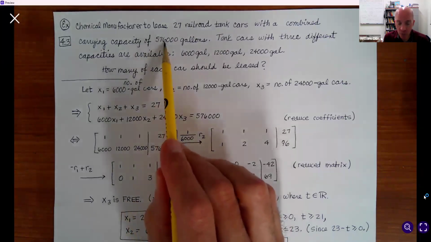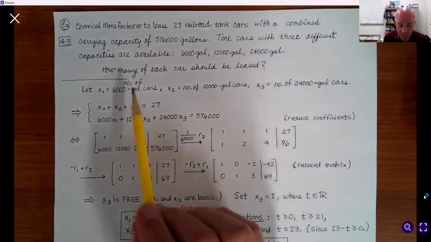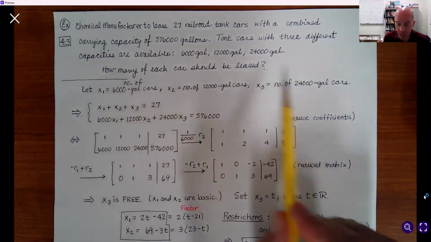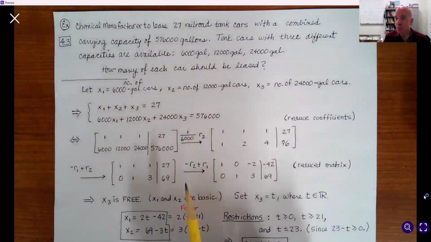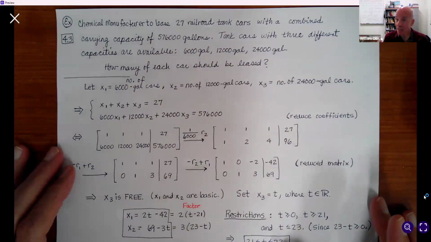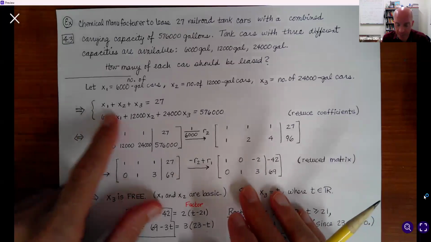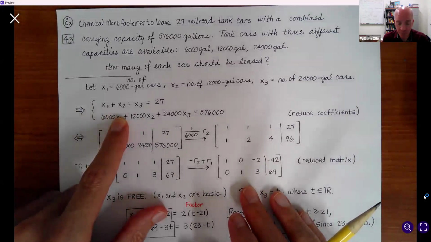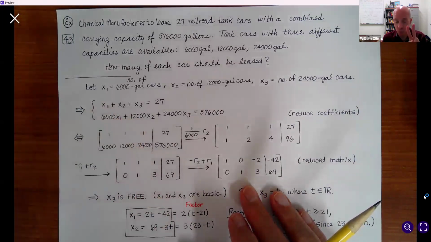And since we know the combined carrying capacity of all 27 cars, we can simply multiply each of the variables by their corresponding capacities and set that equal to 576,000. That's it. That's all we know about this leasing operation. But it's more than enough to come up with a solution if there is one. So we have what, as I said before, an underdetermined system. We have 3 variables and only 2 equations.